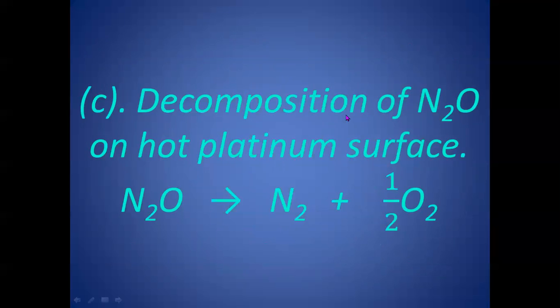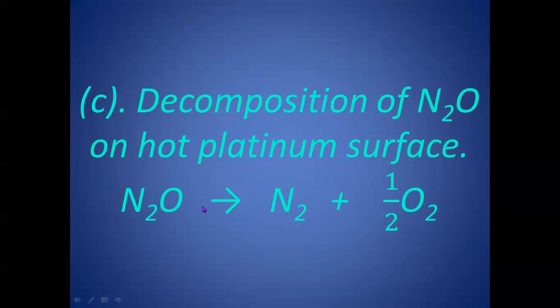One more is the decomposition of N2O on a hot platinum surface. Again a similar situation. Platinum is a solid and N2O is a gas. First, molecules of N2O will get absorbed on the surface of platinum, then they will decompose into nitrogen and oxygen.